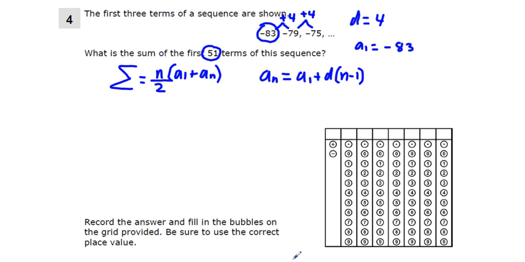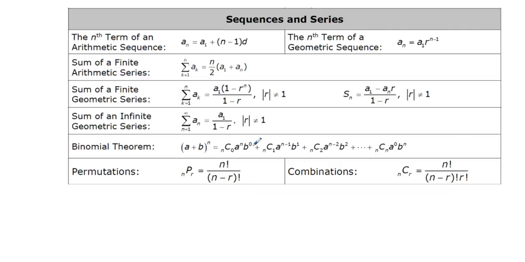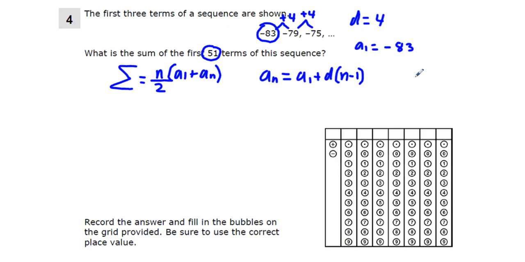And the formulas are here in our ACP formula chart. We can see them right here, right? This is going to be the nth term, so we can get the 51st term using this. And then we can use that summation formula here. We've been showing them in this class. So we want a sub 51.